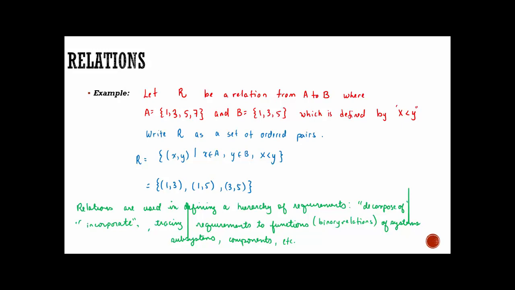Okay, so relations are used in defining a hierarchy of requirements, which can be decomposed of or incorporate, and allow us to trace requirements to functions by binary relations of systems, subsystems, components, and up to the part level.